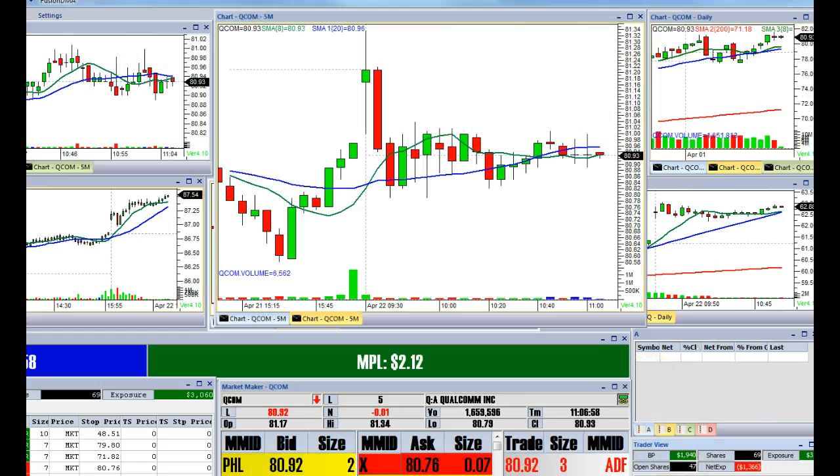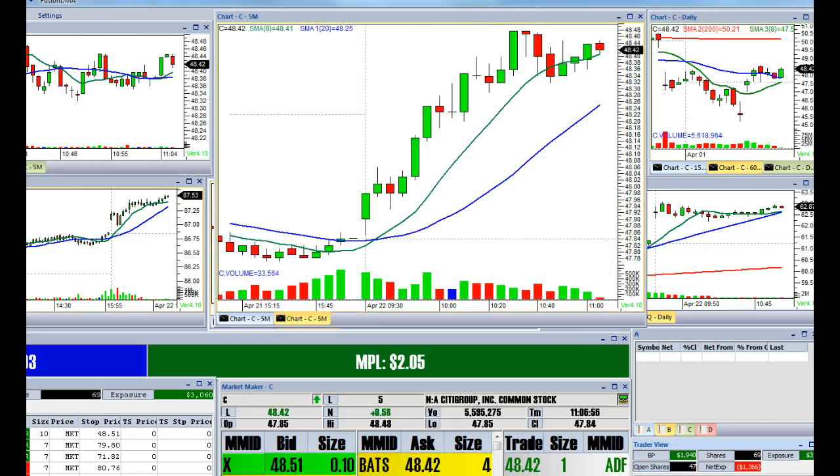The QCOM is doing what it did yesterday, just going dead sideways. I'm short City. Another one of those deals, big run, and then it got up there and just couldn't really hold it. So I'm short here with a stop up here over the high of that day.